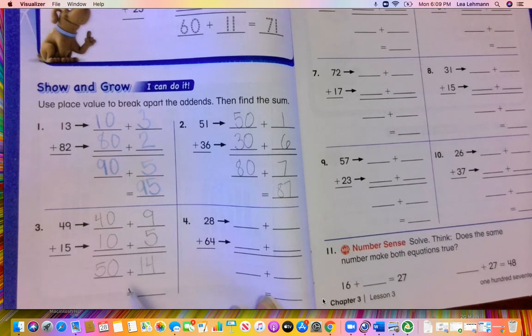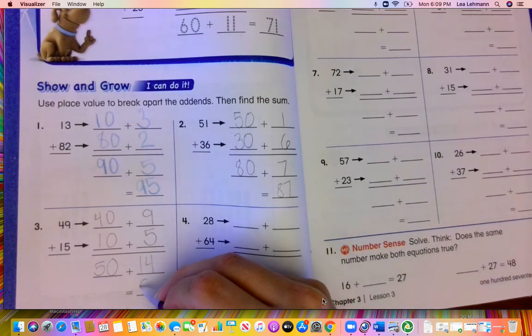Okay, now this one is a little different from the first two we did. So we have 50 and 14. Now we can't just put the 4 in the ones place because look at that, there's a 10 there. So think of 50 plus 10, which is 60, right?